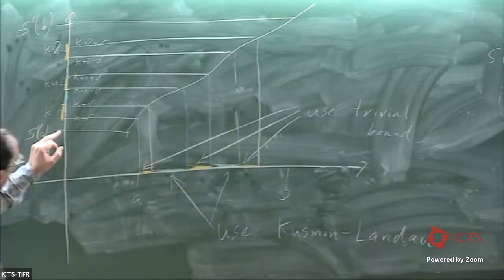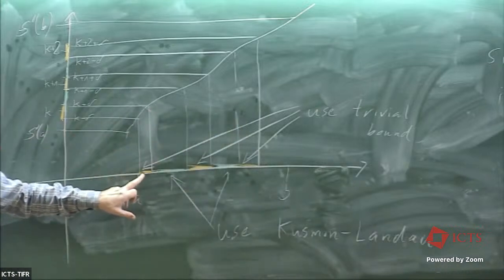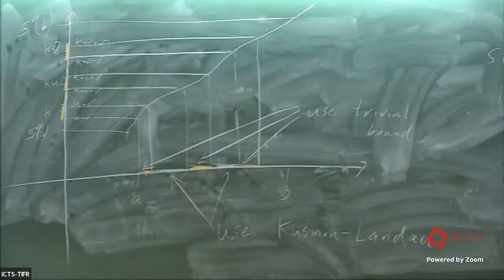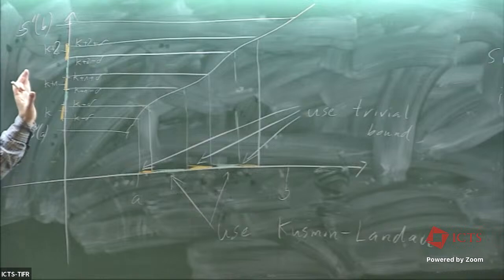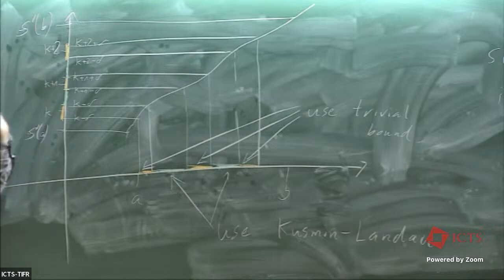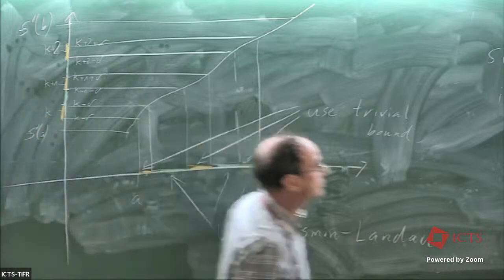For that, depending on delta, we need to calculate the length of these intervals here. Good. So if one carries out all these calculations, one gets the famous bound of van der Corput, which is extremely useful. Let me state that bound.